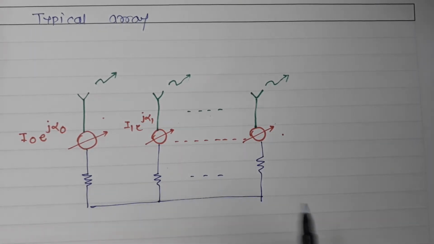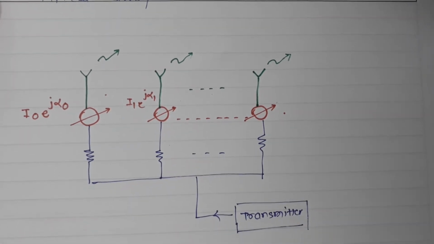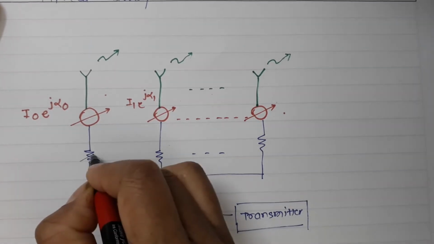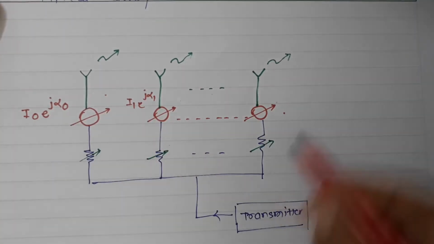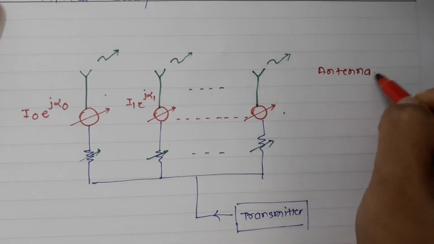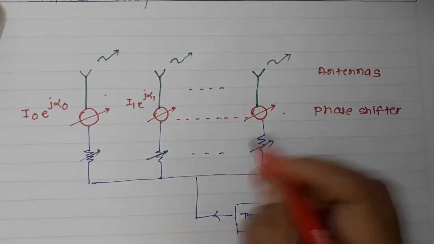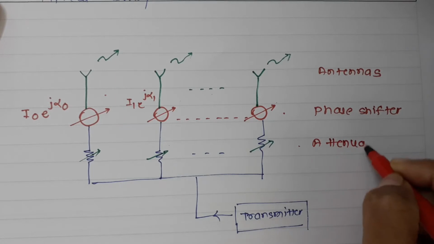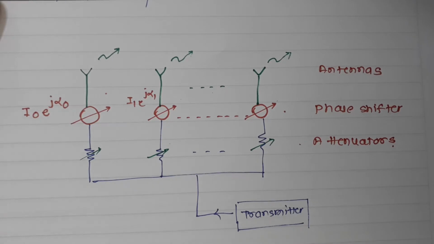To this particular structure, the transmitter input is given. So this is nothing but the transmitter. If I consider each and every element connected in this diagram, these Y kind of structures are nothing but the antennas, these are the phase shifters, and these are the attenuators. So this is a linear array composed of n number of elements.